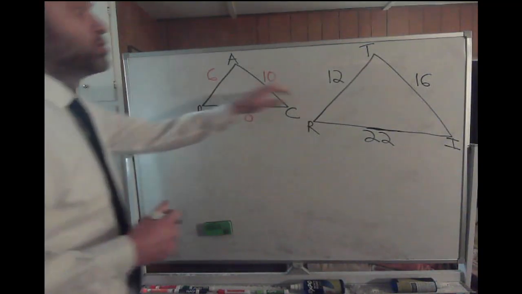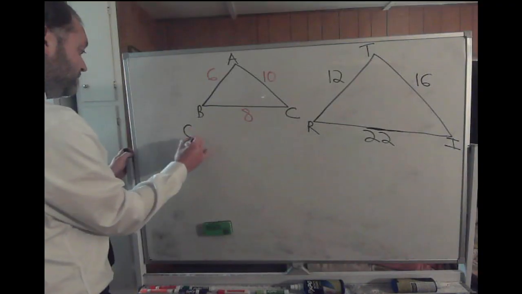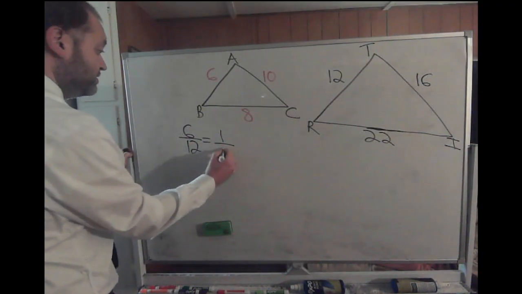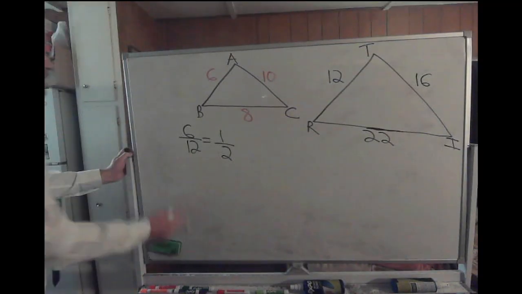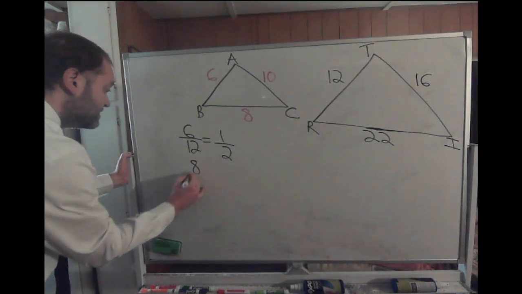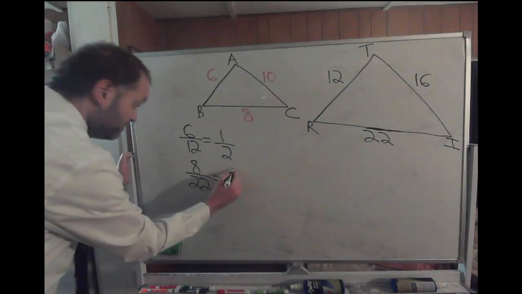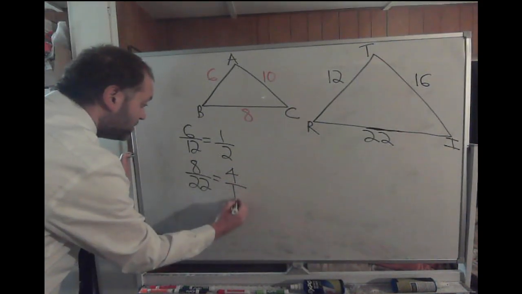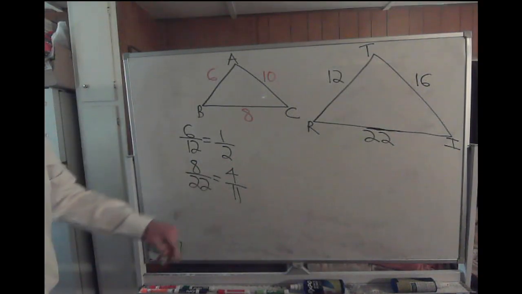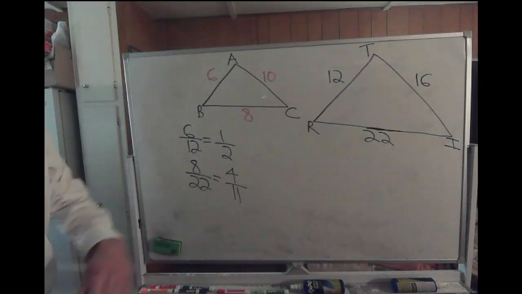So AB would correspond to TR. So you would take 6 to 12, which would obviously reduce to 1 to 2. Now then BC corresponds to RI. You would take 8 to 22, which is going to reduce to 4 to 11. Well, right away we can say these triangles are not similar because you have different ratios for the corresponding sides.